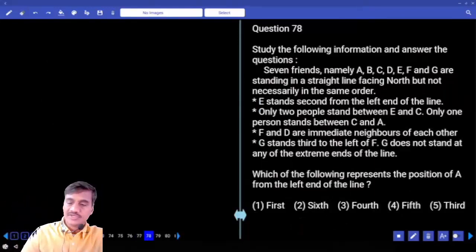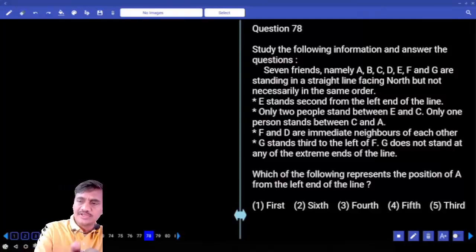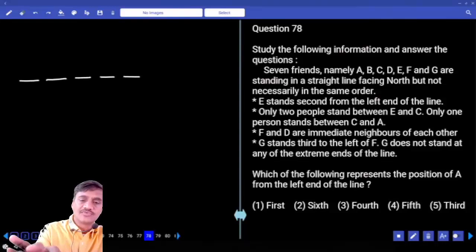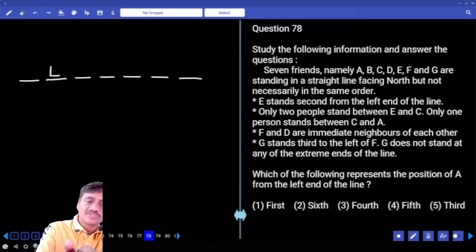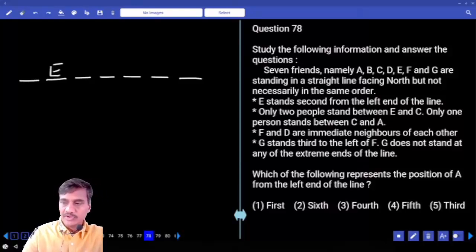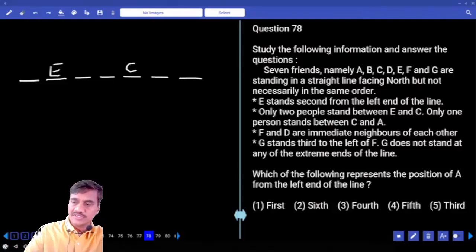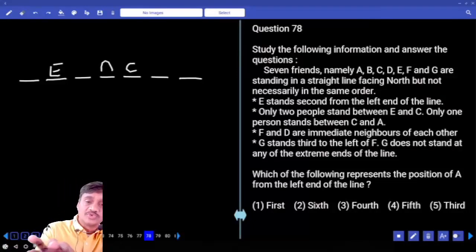Then 78 onwards, 78 to 82. Now 7 friends were there, they are seated in a row, facing towards north. 1, 2, 3, 4, 5, 6, 7. And E stands second from the left hand of the line, hence E must be at this place. And only 2 people between E and C, C is here. And only 1 person between C and A, how many possibilities do we have? 2 possibilities.